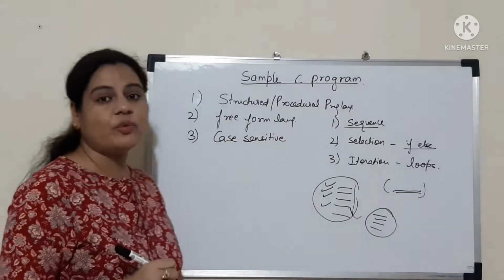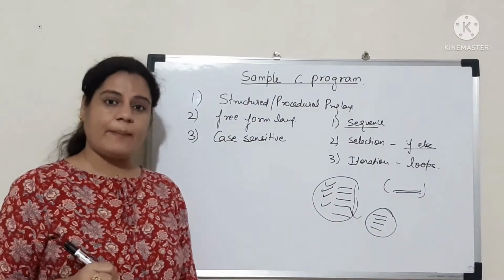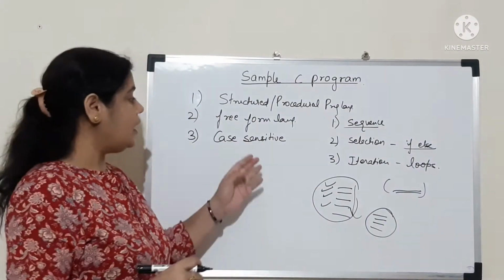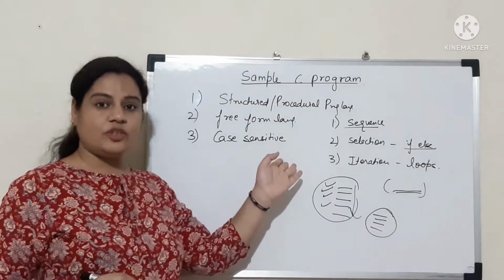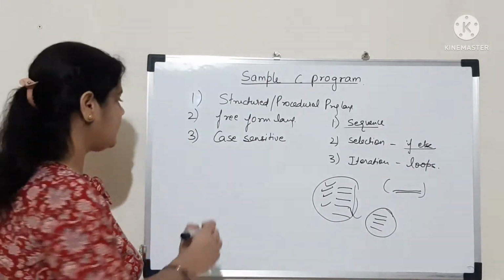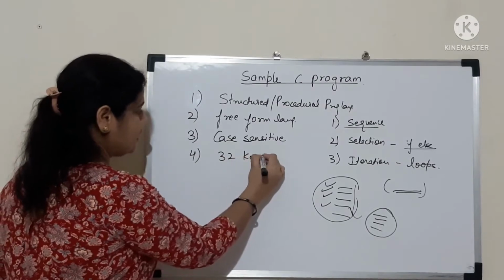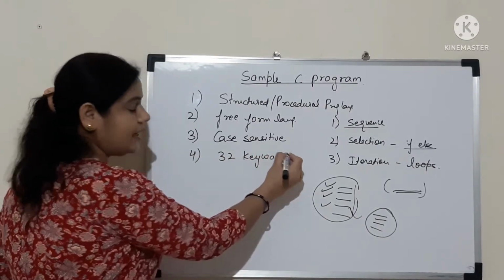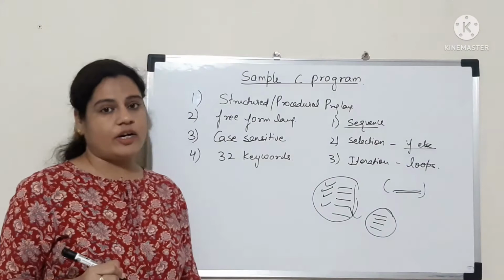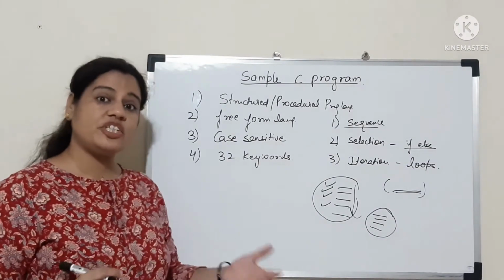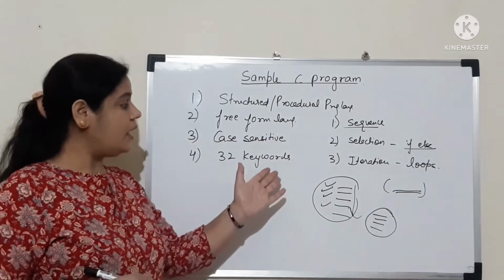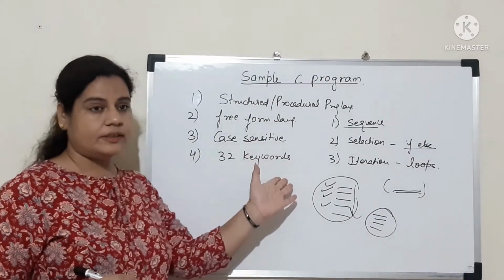Case sensitive means it will differentiate between capital and small letters. If you are writing any keyword, then you have to take care of all these things. Fourth is it provides 32 keywords. Keywords are basically the reserved words for a particular language with a special meaning. You need to use them to write the code.